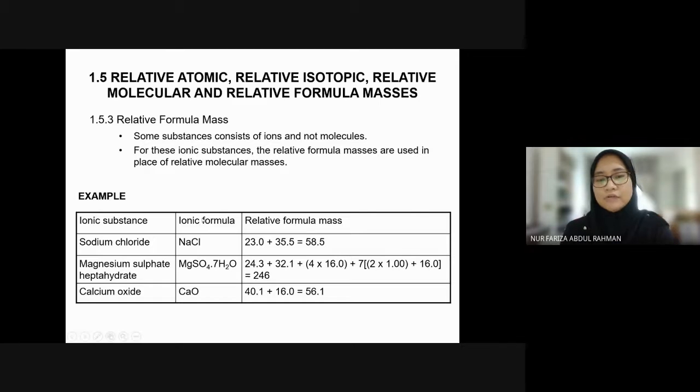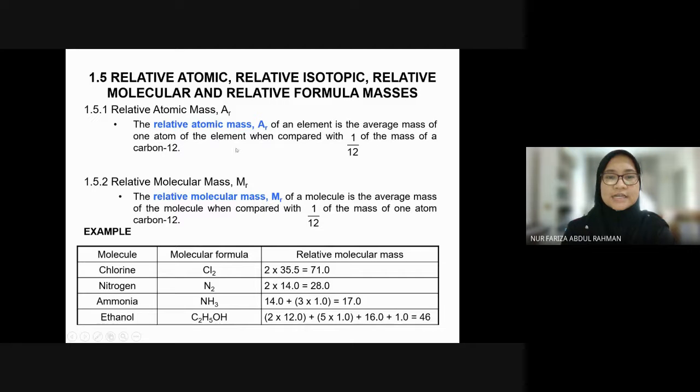Okay, so how do we calculate the mass for any of these three terms? It's just a simple addition, and maybe the multiplication operation is involved. So we have Cl2. This is in the molecular form, so this should be called relative molecular mass.